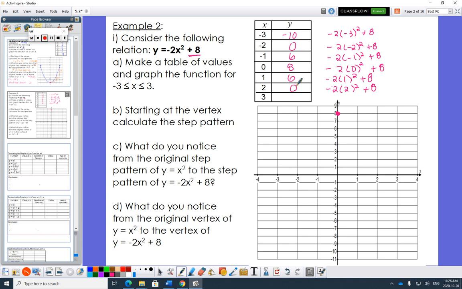And then lastly, we have 3 squared, which is 9 times negative 2 is negative 18 plus 8 is negative 10.